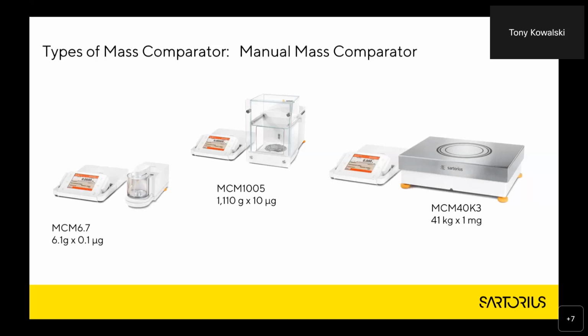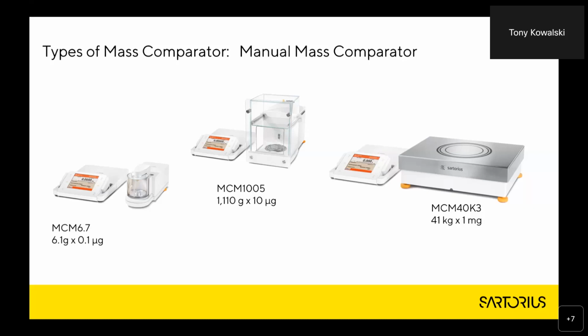So you may be familiar with typical types of manual mass comparators. Again, mostly they're having separate displays from the weighing cell. For a manual mass comparator, the best readability would be 0.1 of a microgram. And this would be for calibrating at the E1 or E level of weights classification from a milligram up to 5 grams.